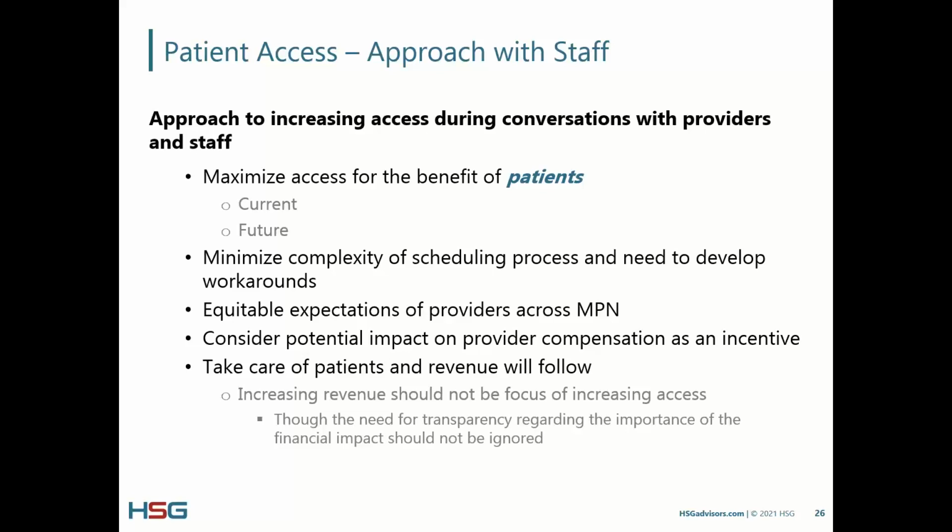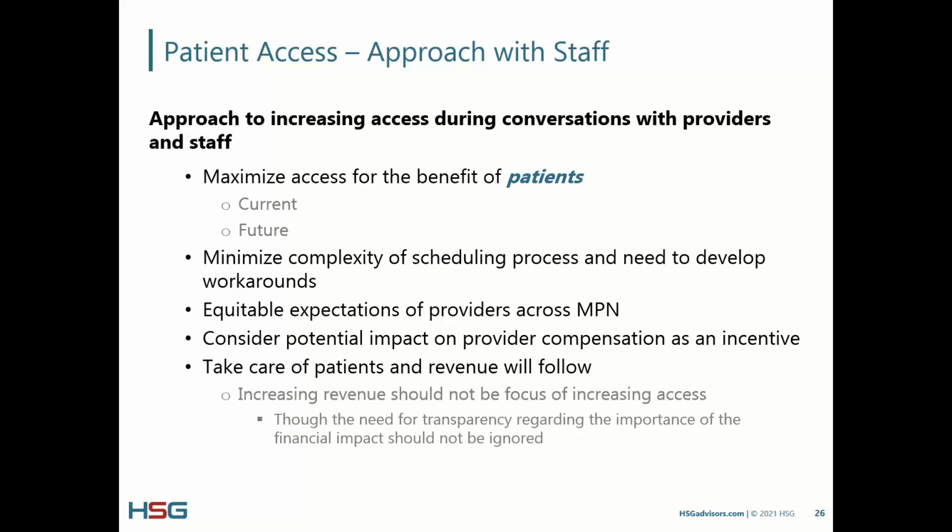We should have equitable expectations of providers across any network. So as you look at your medical provider network, and you're looking at access across specialties or across offices or across providers, there should be an expectation of equity.